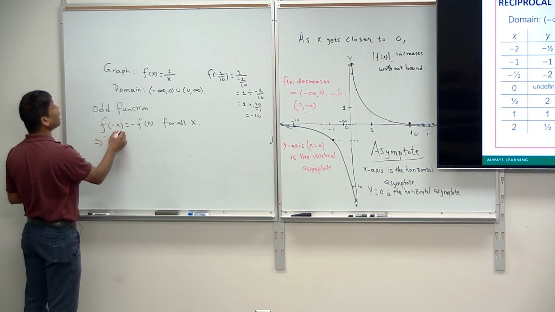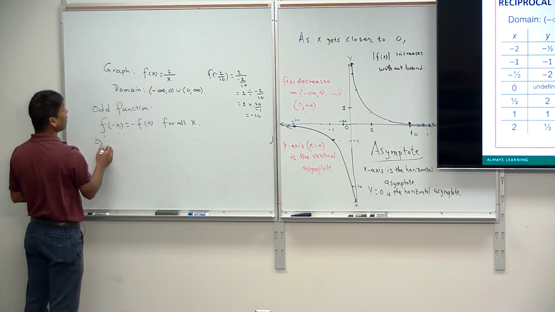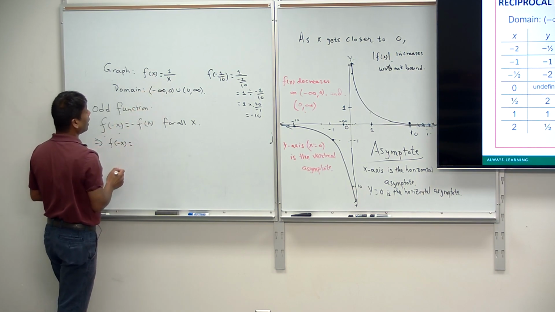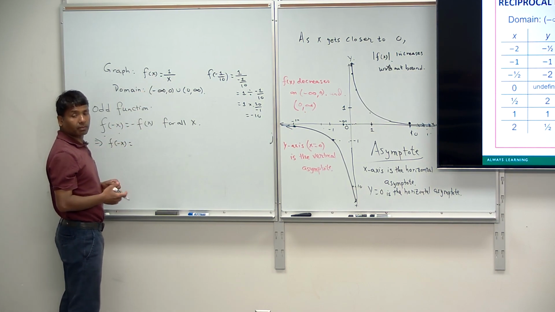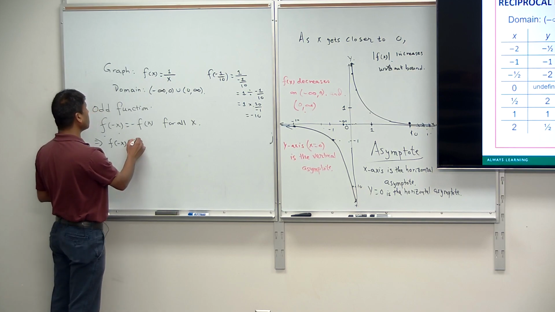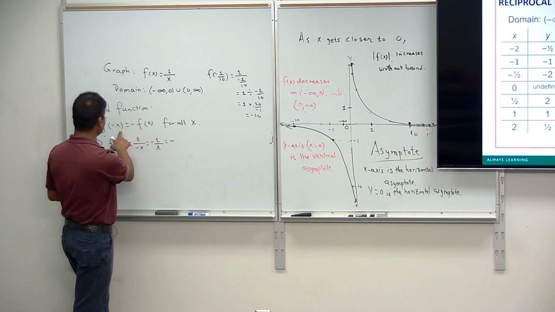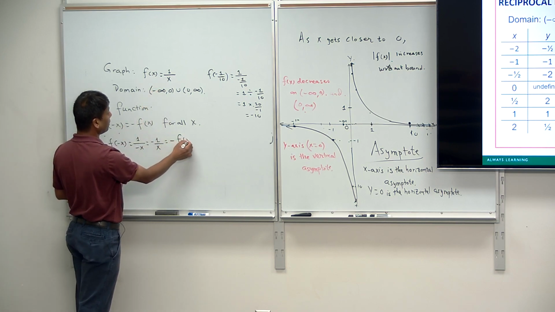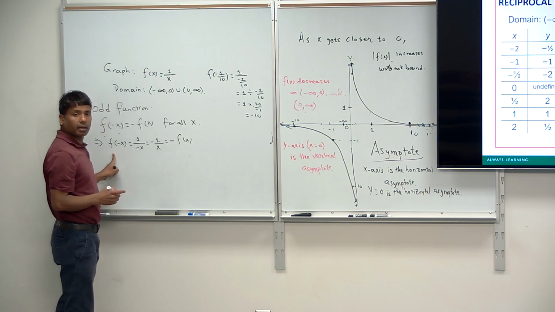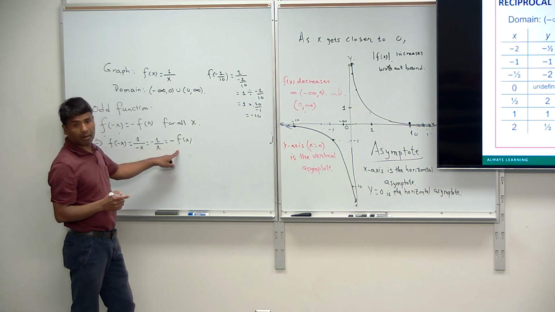So what is f of negative x? You plug in negative x for x, or you replace x by negative x. So you have 1 over negative x. So this is negative 1 over x, and this 1 over x is what? f(x), right? So you see that f of negative x is equal to negative f(x).